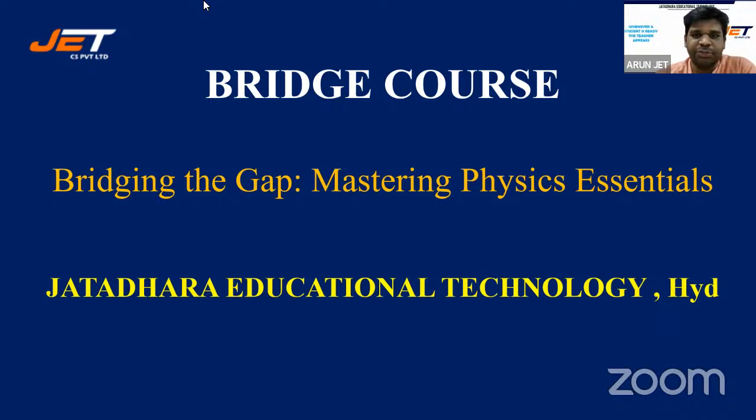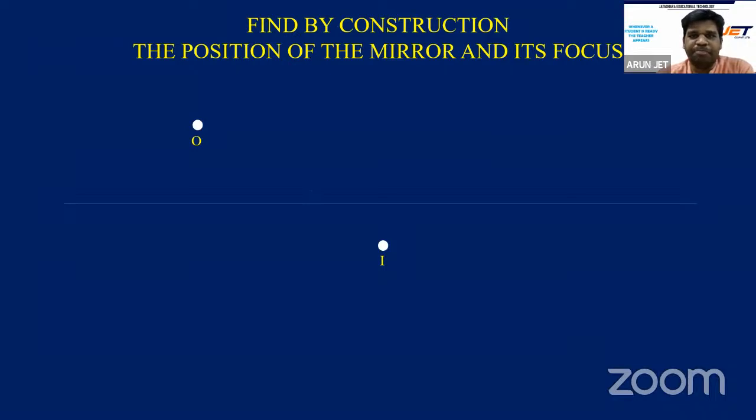Okay. So, students, the other day we found out the precise position of the lens given the object and the image. Today, there is yet another exercise where you need to find by construction the position of the mirror and its focus. Given the object and image, we've done it for the lens.